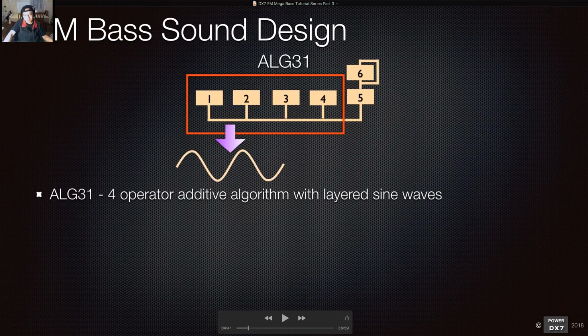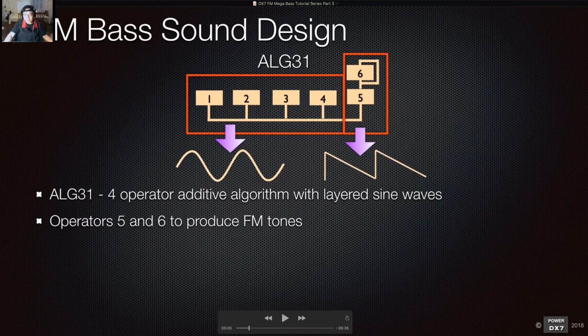To get the maximum low end, we need the same ratio, 0.50, and the sine waves are layered together, so it's additive synthesis. Then there are operators 5 and 6. As you can see, it's a sawtooth wave using feedback and a ratio of 0.50 and 0.50 for operator 5 and operator 6. So a ratio of 1 to 1, and you get the sawtooth wave.